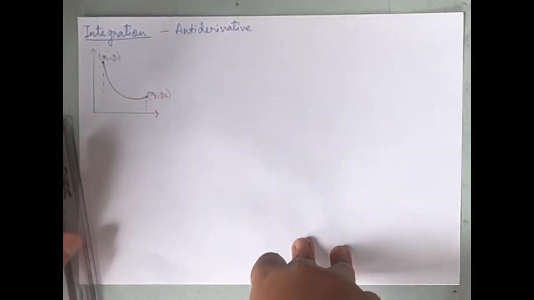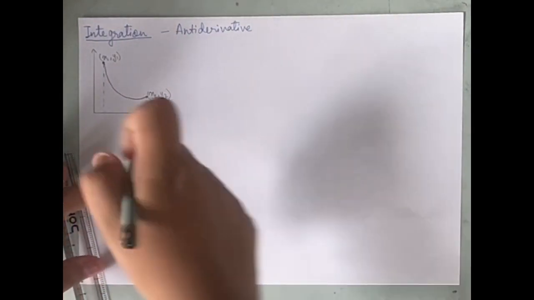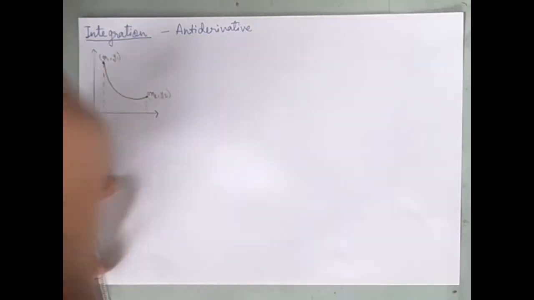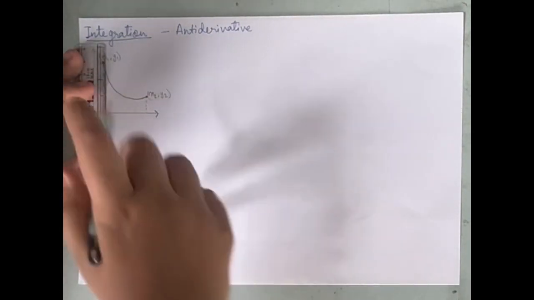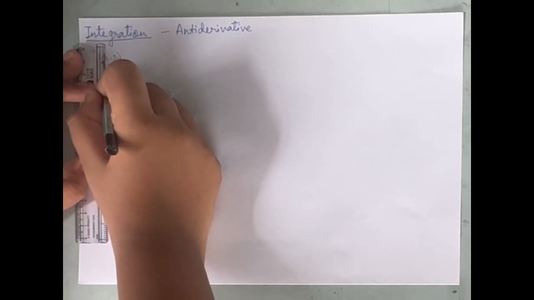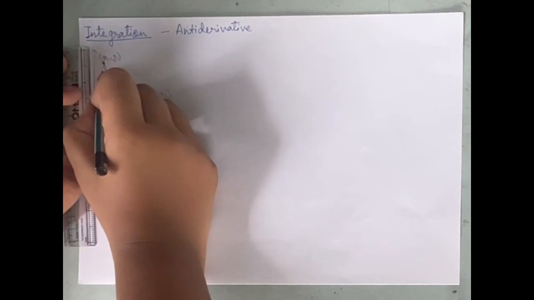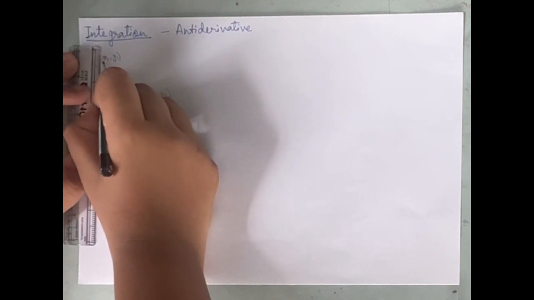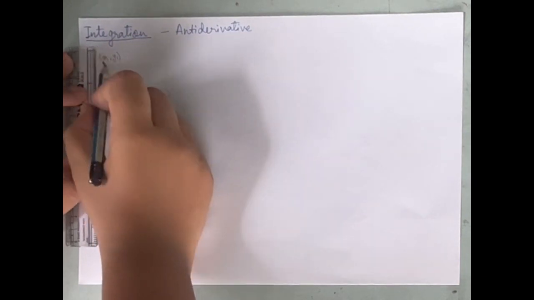To find the area of such curves, we need to break this part into small rectangles. Let's assume this to be a rectangle, okay, of breadth dx and height y1.